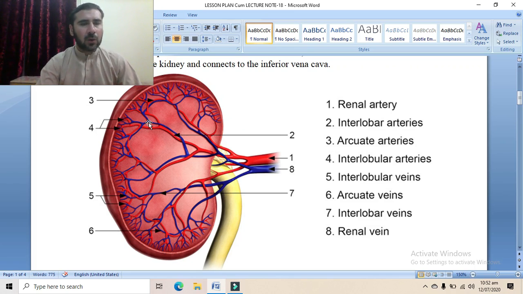There are over 1 million nephrons, and whenever the efferent arterioles enter into the nephrons, they will further divide into capillaries, and those capillaries form a tuft which is known as glomerulus. So this is the actual supply of blood into the kidney.